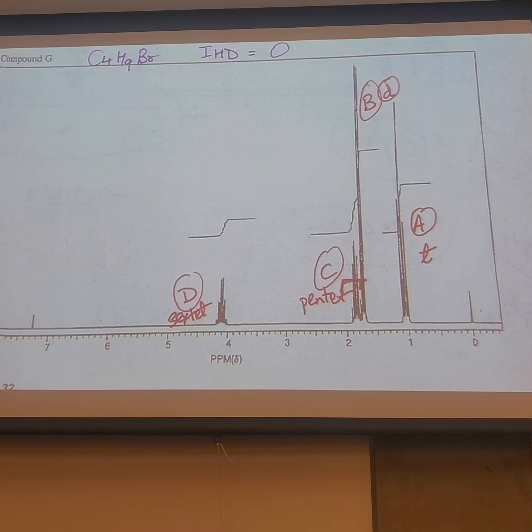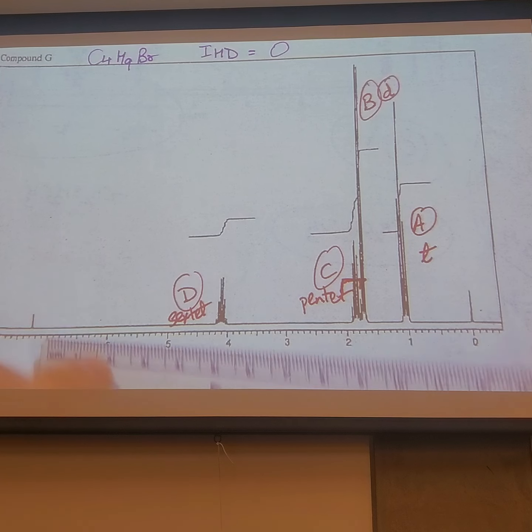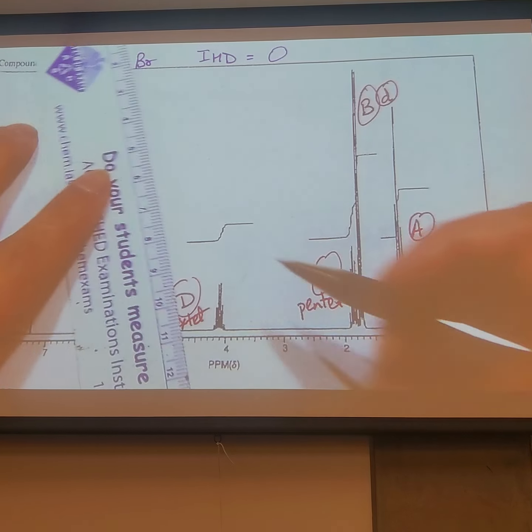integration. Do you guys have a ruler with you? I have the same. So do keep a ruler, guys, something small, something simple, because when you are going to analyze, let's say for the quiz or the exam, you need to have a good sense of what those are going to be. So, let's see.